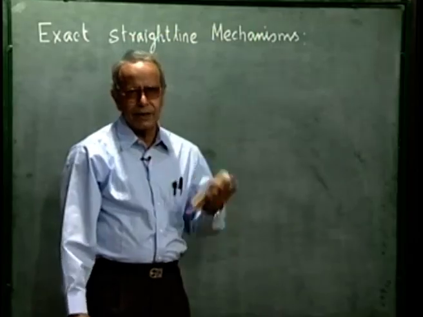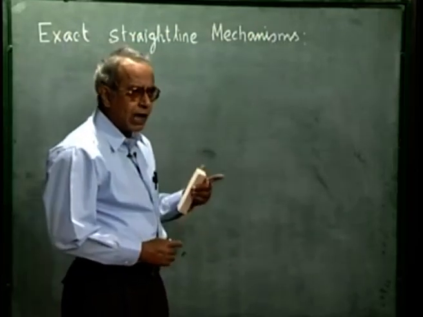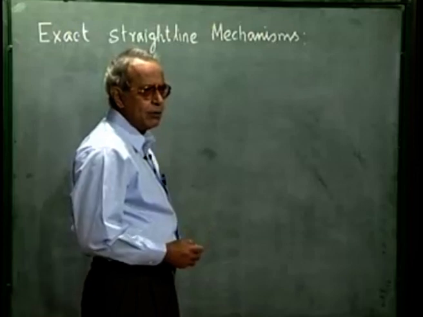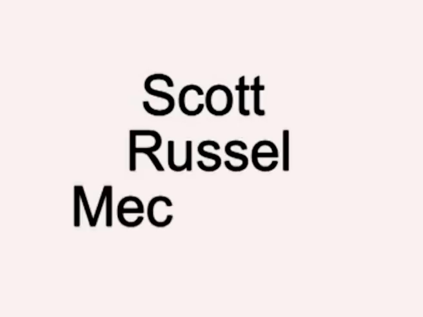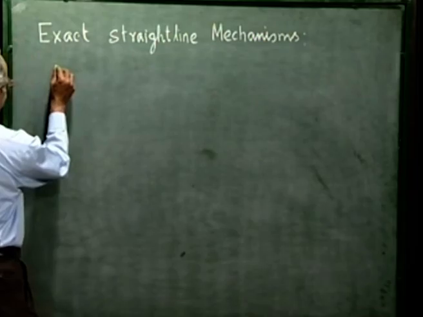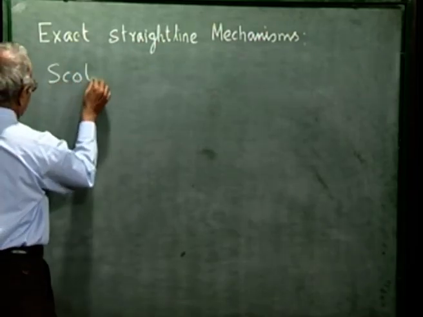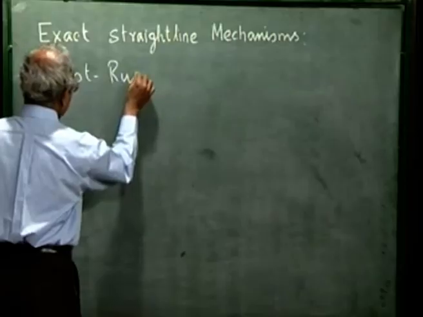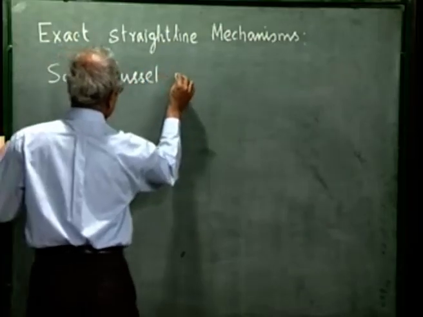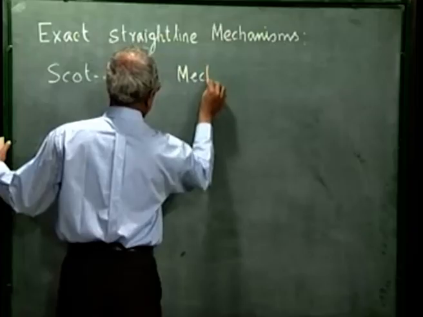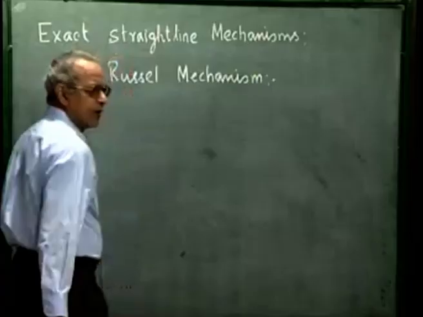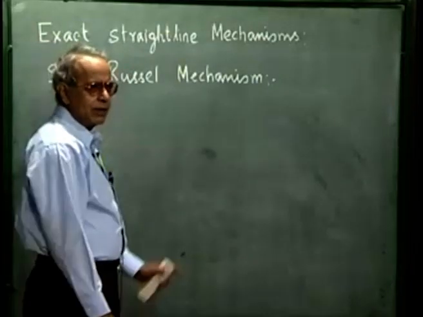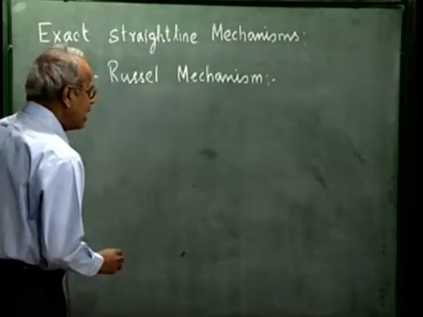So far as exact straight line mechanisms are concerned, we start our discussion with a mechanism which is known as Scott-Russell mechanism. The Scott-Russell mechanism is nothing but a slider crank or a 3R1P mechanism.